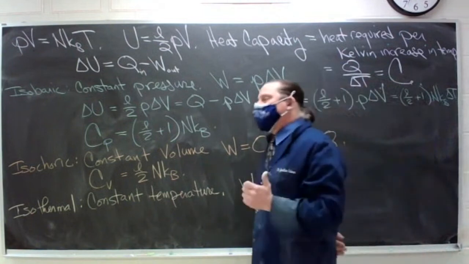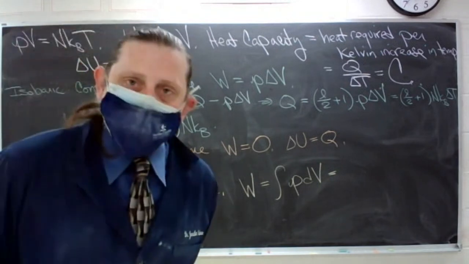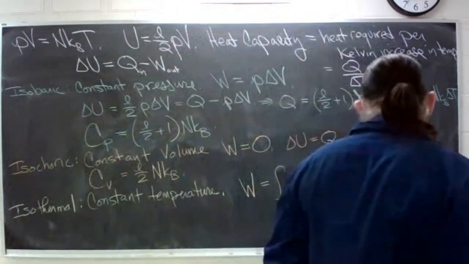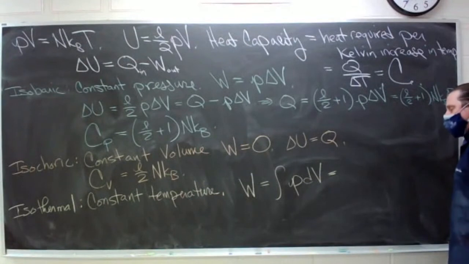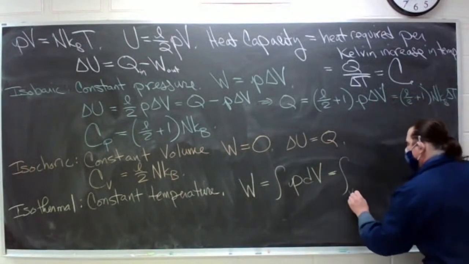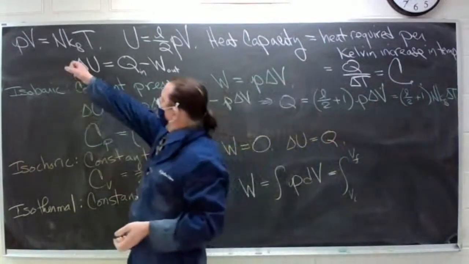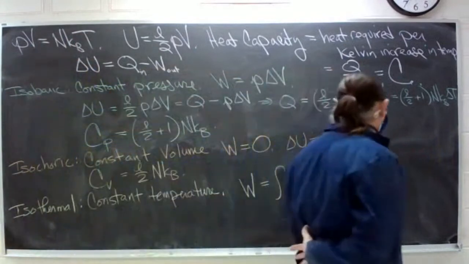As we've seen, work does not represent a change in a state variable, so this integral is dependent on the path that is taken between the initial and final states. If we do it at constant temperature, then we'll have the pressure equal to N k_B T divided by the volume.